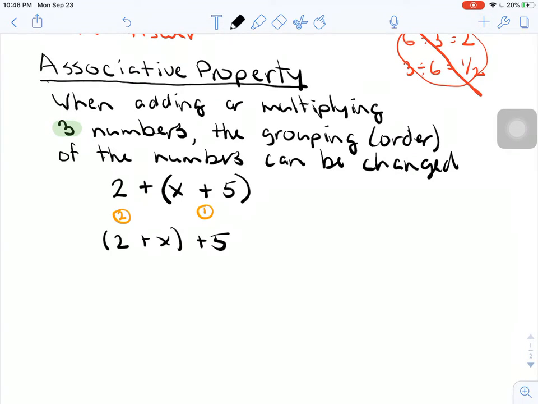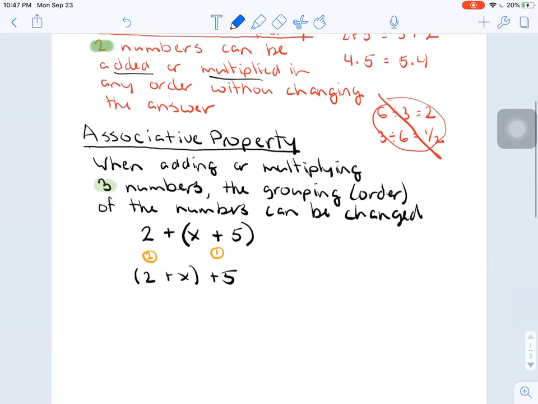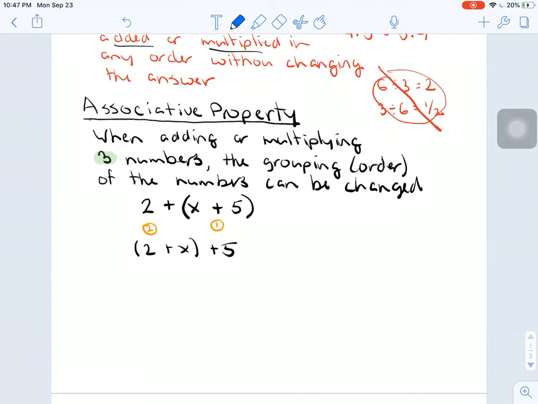One thing that you can do if you combine properties is you can also use properties. So if we put commutative property and associative property together with this problem, we can use properties to rearrange a problem to help us work around variables or work around information we might be missing. So for example, if I wanted to work around some things on this problem, I could use commutative property with these 2 numbers and switch the order of the numbers.